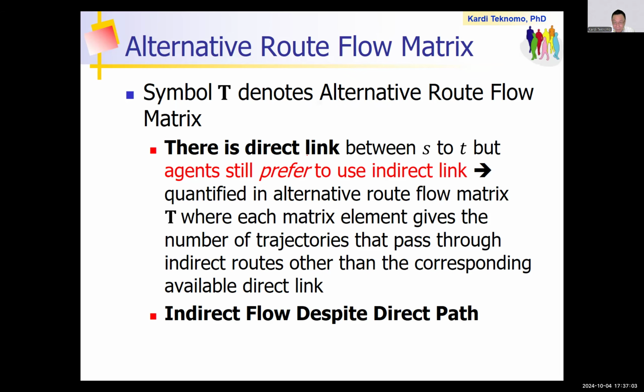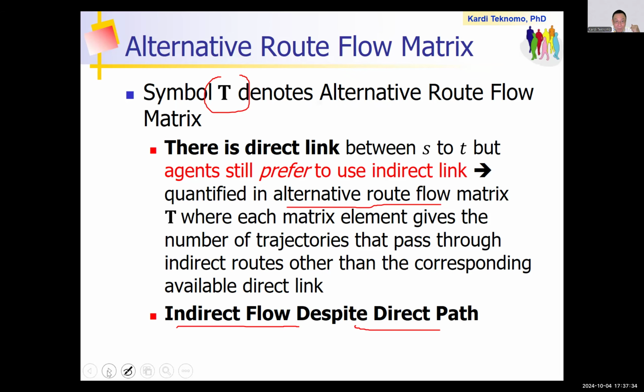In this case, we say this is an alternative route, because it gives the number of trajectories that pass through an indirect route other than the corresponding available direct link. In short, T represents indirect flow despite there being a direct path.